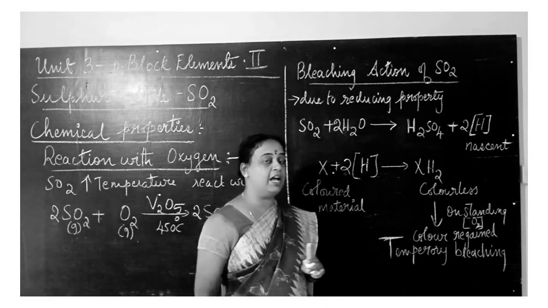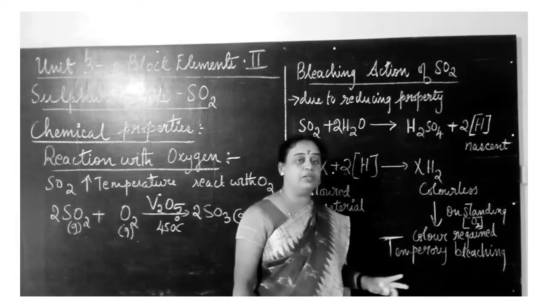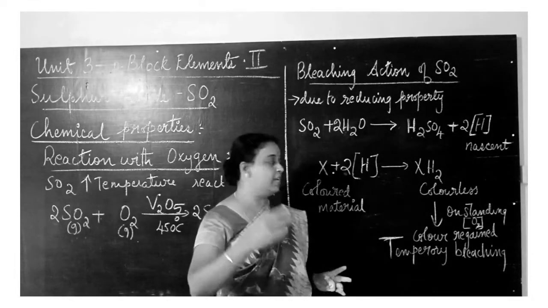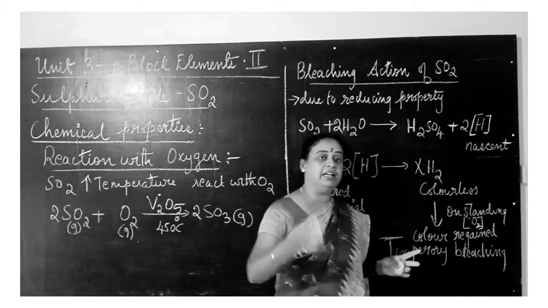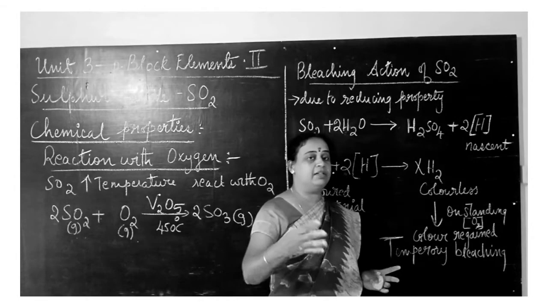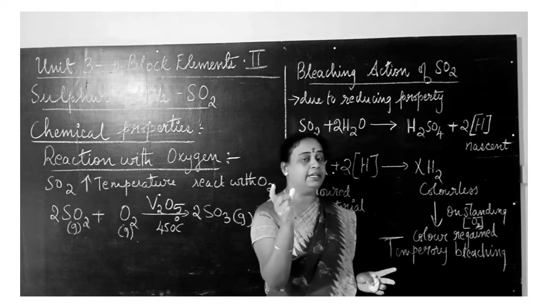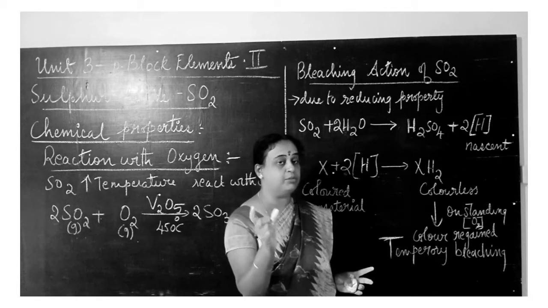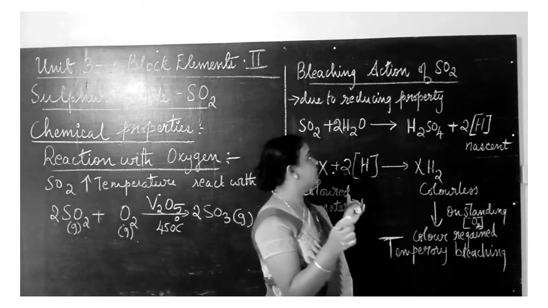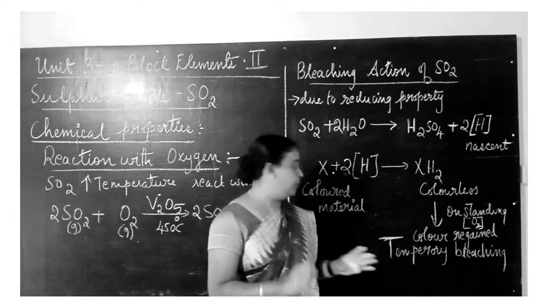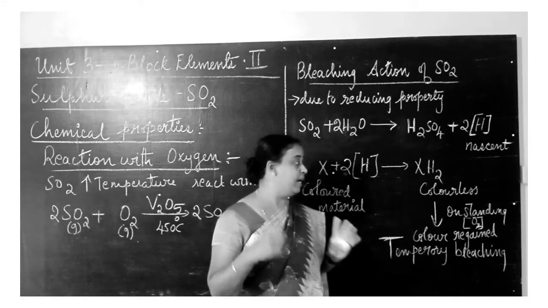The colorless substance, as it is exposed to atmospheric oxygen, is getting oxidized continuously, so that the colorless state is retained for a long time. So it is permanent bleaching. Whereas in the case of sulfur dioxide, the bleaching is not permanent, it is temporary. Why is it temporary?